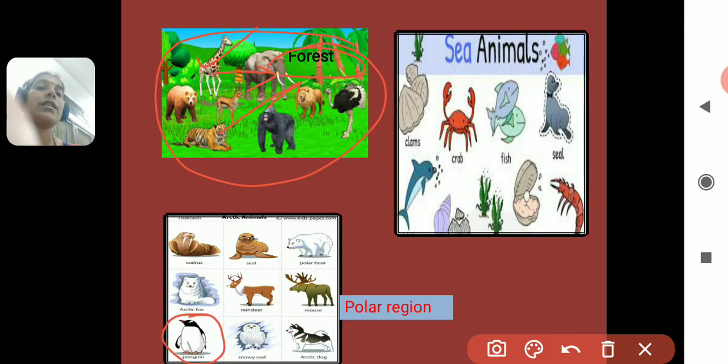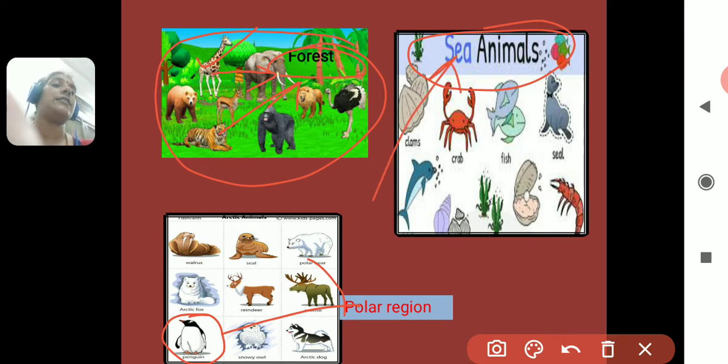In the same way, the penguin's habitat is the polar region. The polar bear's habitat is also the polar region. If we discuss sea animals, what is their habitat, students? Sea.